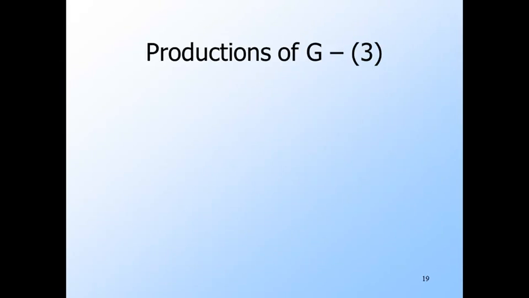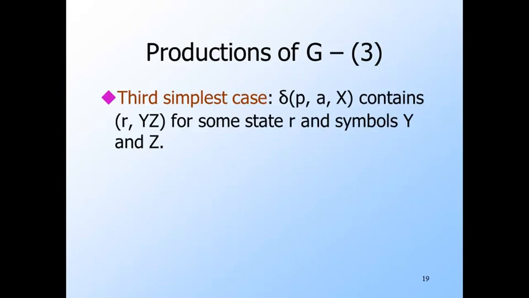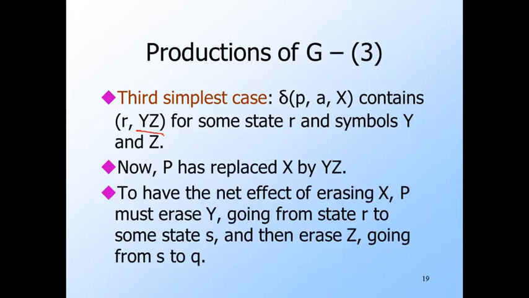Now it's getting a little more complicated. Suppose there is a move that replaces X by 2 symbols, Y and Z, while going to state r and reading a from the input. That is, the new stack YZ replacing X. In order for X to be erased, there must be some input string u that has the net effect of erasing Y, and u must take the PDA from state r to some state s, which unfortunately we don't know.